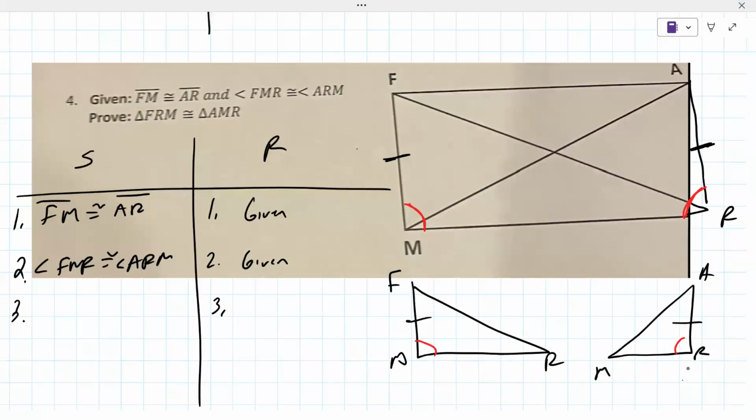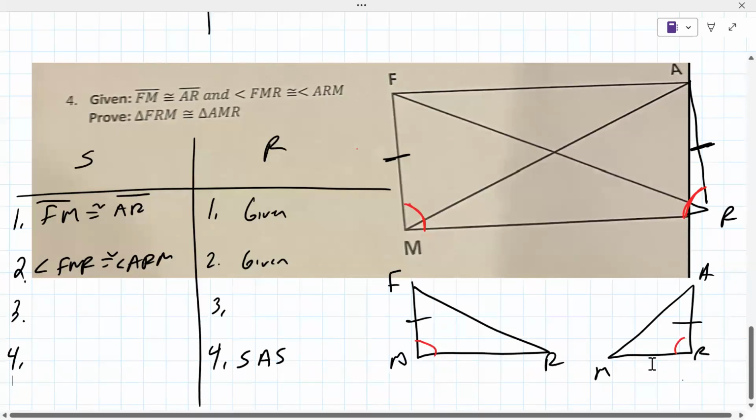So again, with that list here, and I'll just tell you because we're running out of time, this is going to be side angle side. So what is the other side that's congruent? Remember that F and M. Say that one more time. Wait, what angle are you talking about? Well, the red angle and the red angle are congruent, but to use side angle side, the angle has to be between the sides.